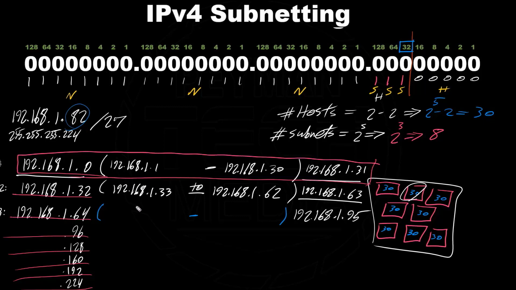The first available IP address in this subnet is 192.168.1.65, and it goes to 192.168.1.94, which is 1 less than the broadcast. If we add one IP address, 95, that's the broadcast. If we add one more, 96, that's the next subnet.